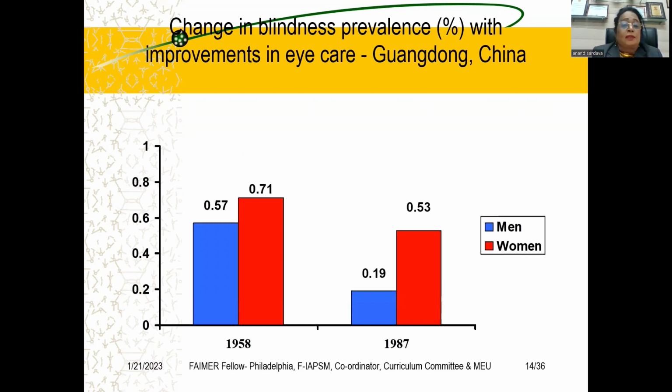Now you see this. What happened? They also explain in their paper that in 1958 China started a program for reducing blindness.